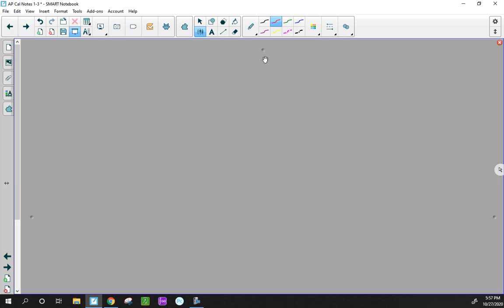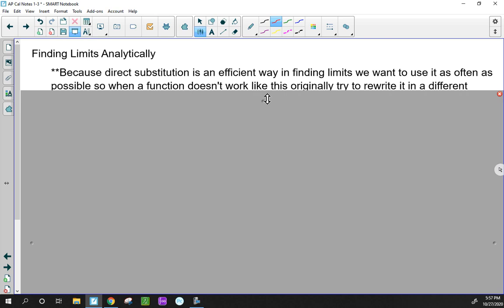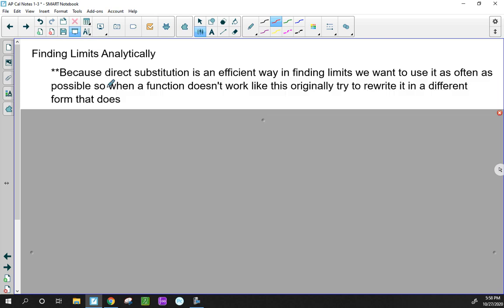Next, finding limits analytically. Because direct substitution is an efficient way, a really good way to find limits, we want to use it as often as we can. So when a function doesn't work like this originally, sometimes they'll give us problems that aren't as easy as my first 5 examples, then your job is to try to rewrite it in a different form.